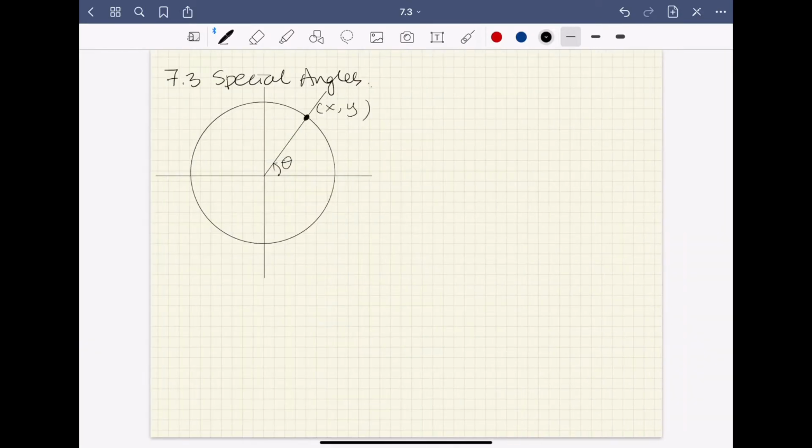Before we start the special angles, we need to review some of the concepts first. If you remember this diagram that we talked about, this point here is a point on the terminal arm of our angle theta.